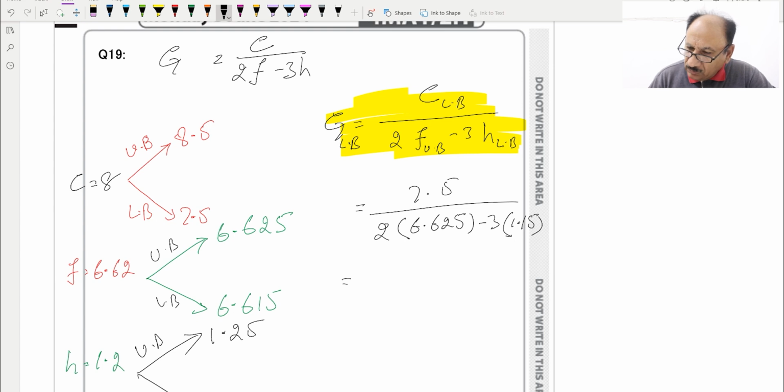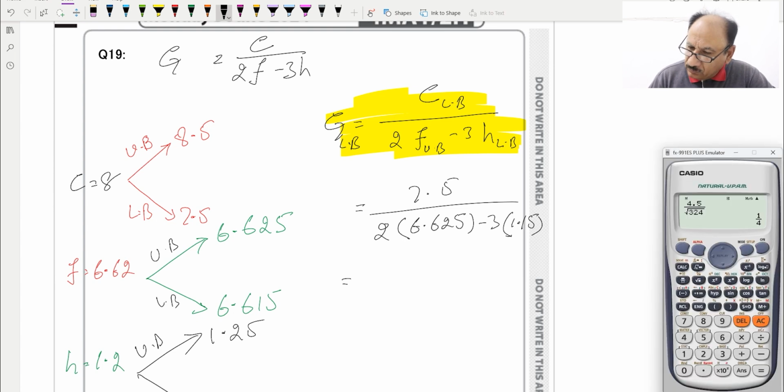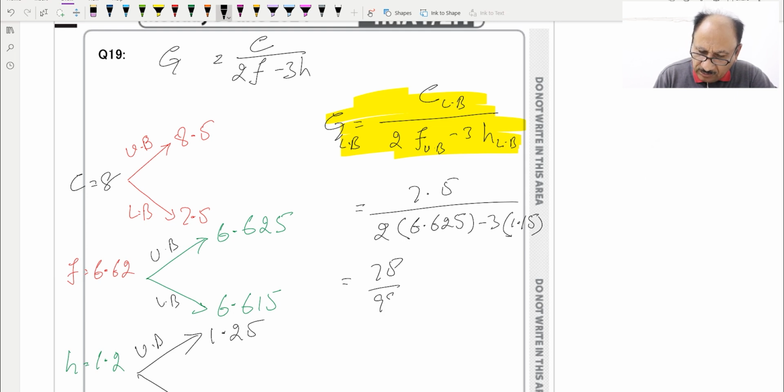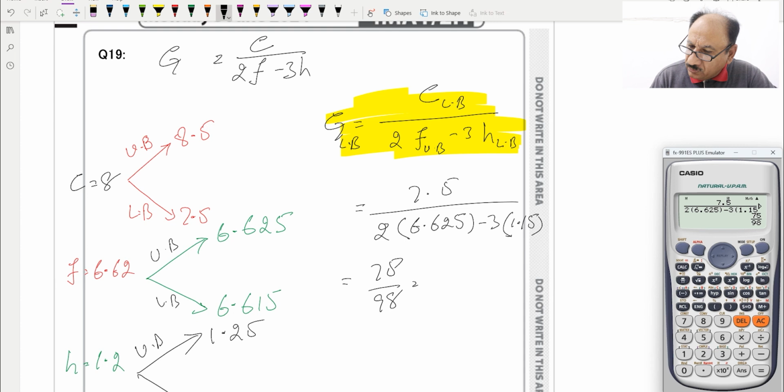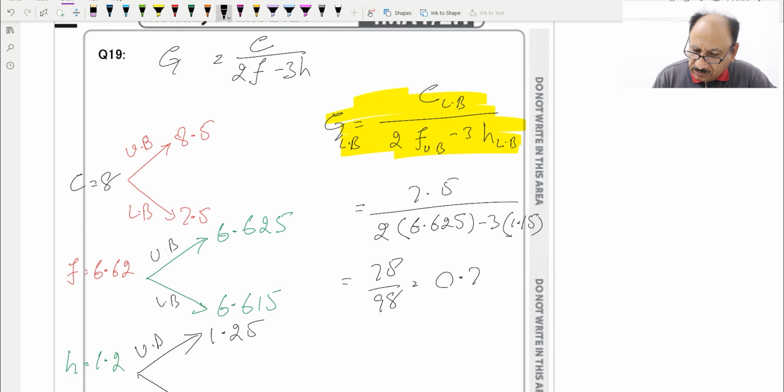Now we can use the calculator to find the answer. We enter 7.5 over 2 times 6.625, bracket close, minus 3 times 1.15, bracket close, and this gives us 75 over 98, which gives the decimal value 0.765.